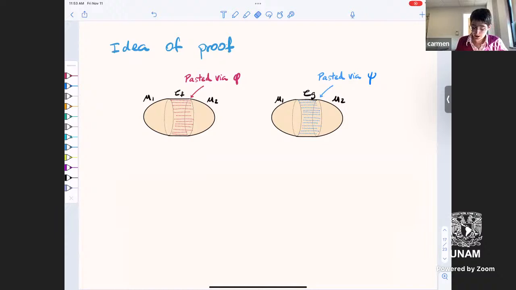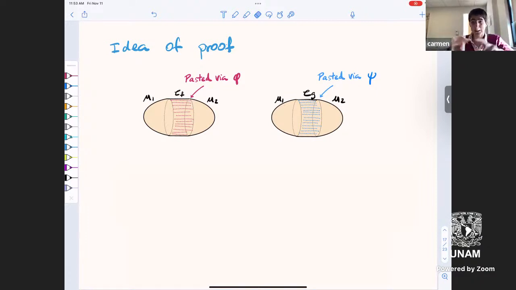So we are going to be thinking of these two cut and paste equivalent manifolds. I have M1 and M2, those two pieces, and now these two pictures are cut and paste equivalent. I've just thickened the gluing a little bit, so we can see a little more. That's why that C_f is just a mapping cylinder.